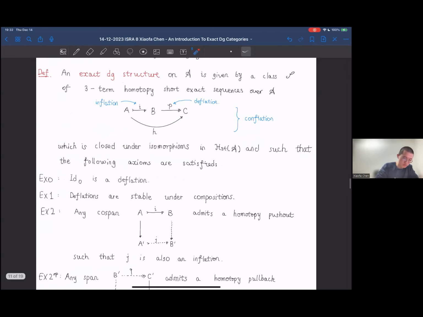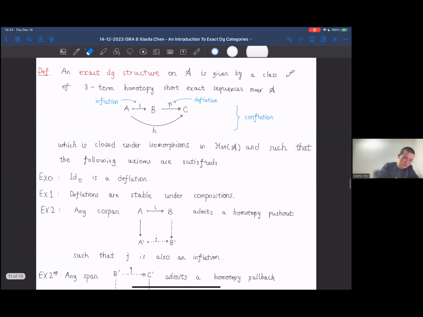and satisfies the following axioms. The first: the identity of zero is a deflation. So this is a homotopy short exact sequence in S, so all are zero. And the deflations are closed under compositions. For any morphism P which is a deflation, and P prime which is also a deflation, the composition is also a deflation.